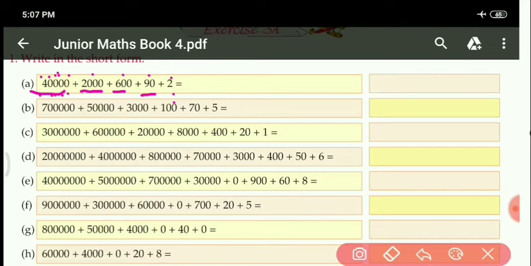So here ones place what is given 2, tens place is 9, 100 place is 6, 1000 place is 2, and 10,000 place is 4 only. After ones, tens, 100, one period is over, then put comma here also. Okay. So required answer what is coming 42,692.